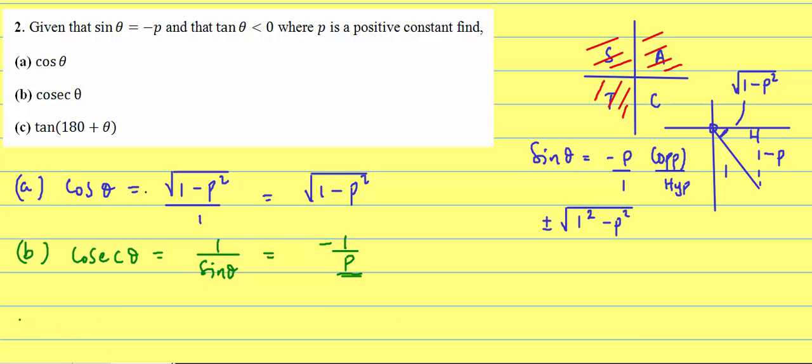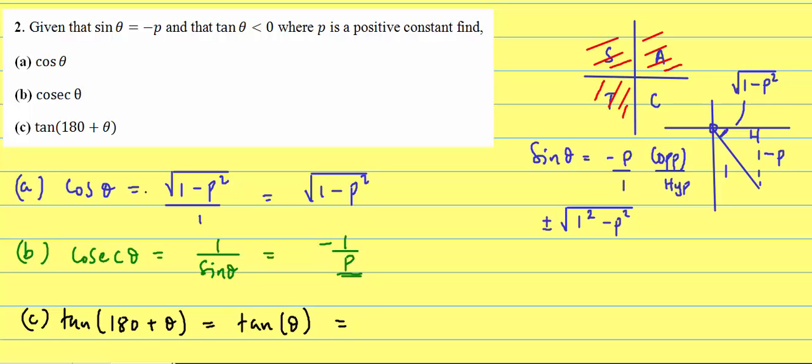Now the final one, we are looking for the tangent of 180 plus theta. By the periodic property of the graph of y is equal to tan theta, we know that this graph is going to repeat itself after every 180 degrees. So adding 180 degrees to theta is just going to be the same as tan theta.